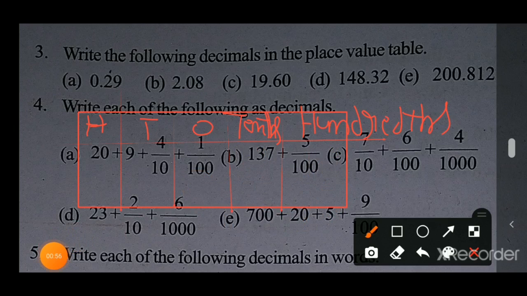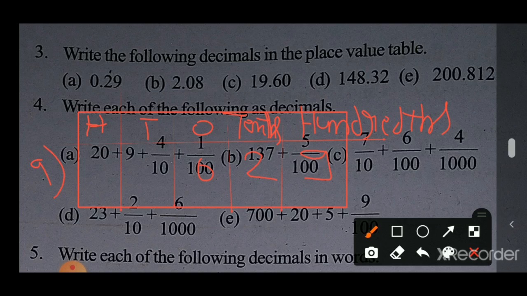Here our number is 0.29, so 0 we can write in the column of ones, and 2 for the tenths, and 9 for the hundredths. So this is the solution for the A part.